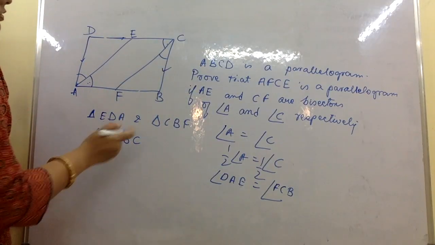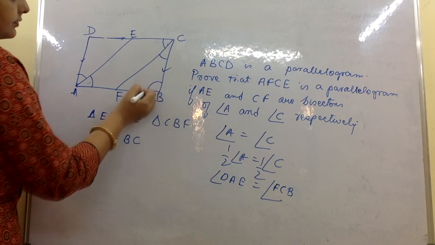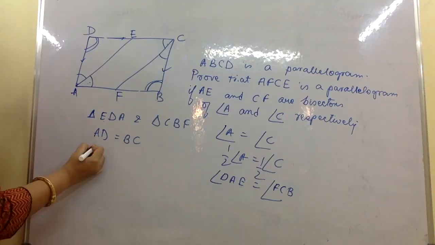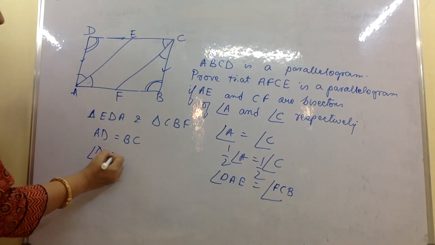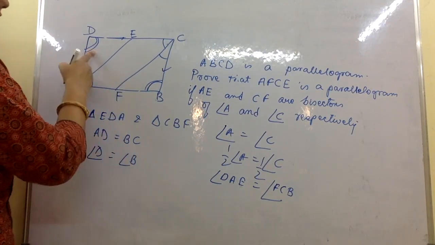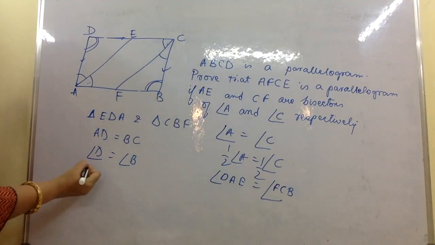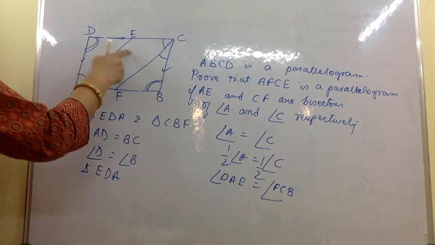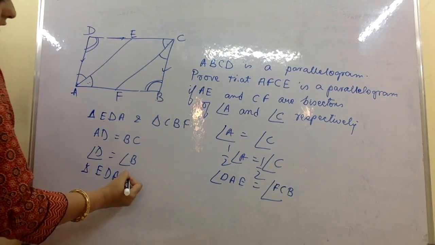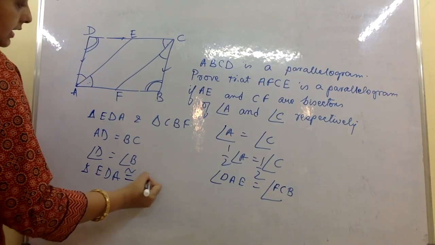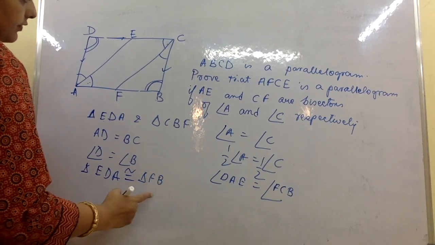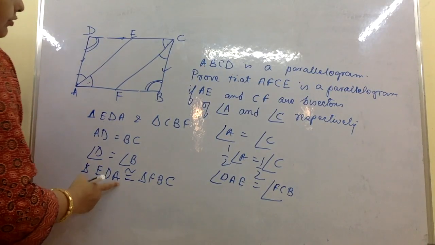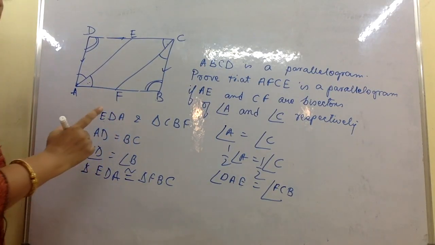Also this angle is equal to this, that is angle D is equal to angle B, because opposite angles of a parallelogram are equal. Now triangle EDA will be congruent to triangle FBC. We have to write it properly. They are congruent by the AAS property.